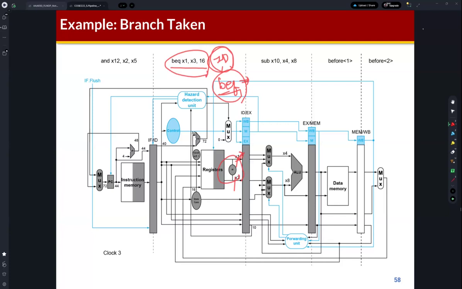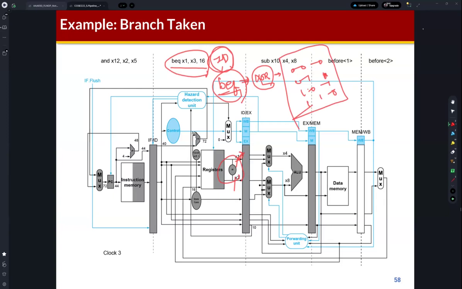So how can you check the equality of 2 bits? We can use the exclusive OR gate, right? Because for the exclusive OR gate, 0, 0 gives 0, 0, 1 gives 1, 1, 0 gives 1, and 1, 1 gives 0. So this is the output of the exclusive OR gate.